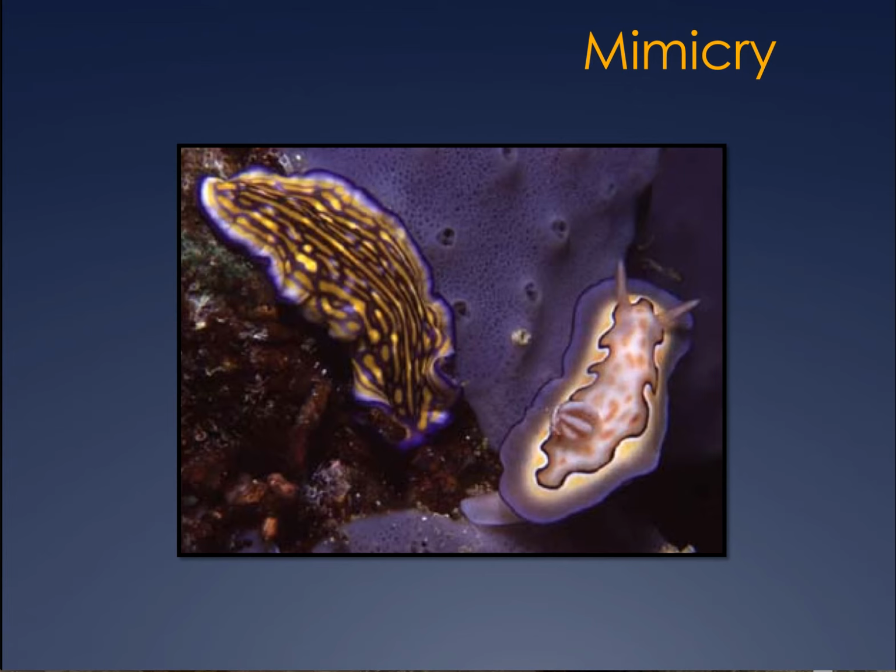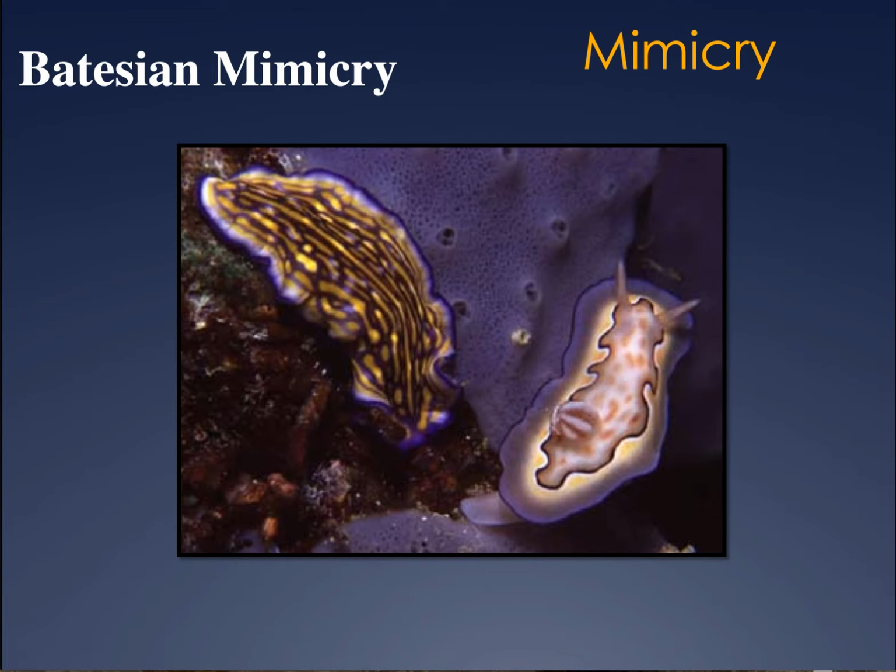Well, now when we think of colors and color patterns that are warning signs, we find that sometimes organisms that are not toxic will look like bad dudes and gain some of the advantage of looking like a bad dude, even though they aren't bad dudes. Okay? And that kind of mimicry, so one species looking like another, comes in many forms.